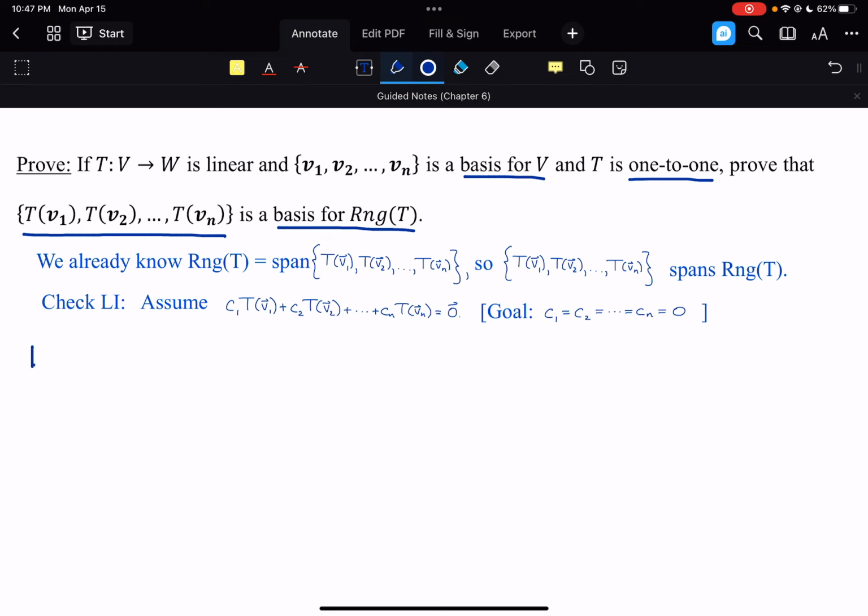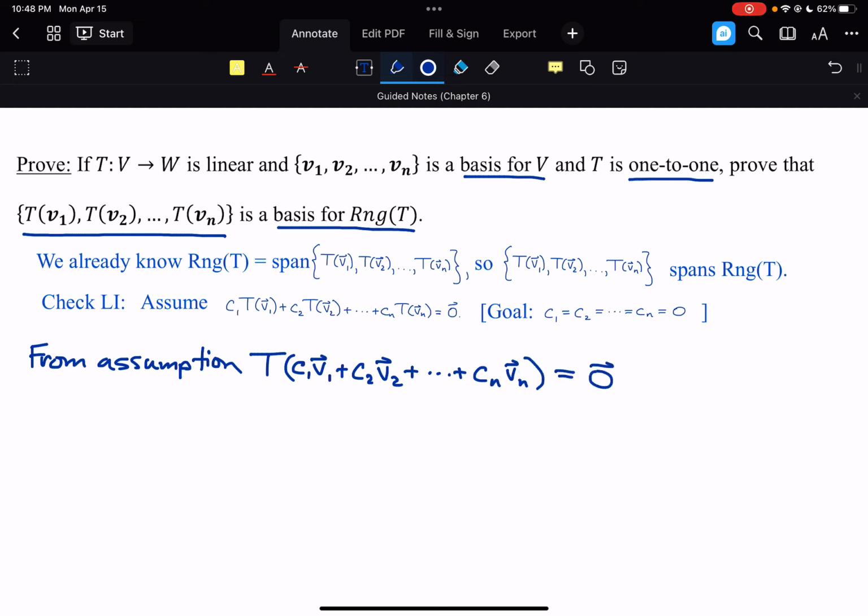From assumption, the transformation of c1v1 plus c2v2, etc., all the way up through cnvn, must be equal to 0.